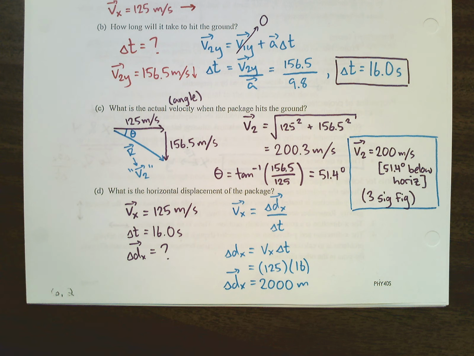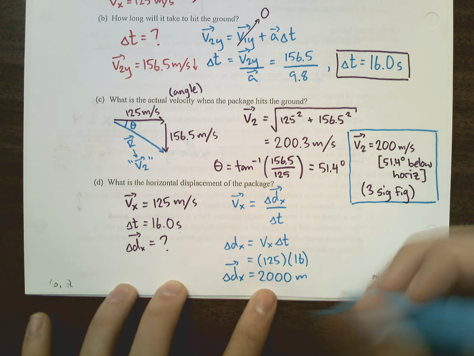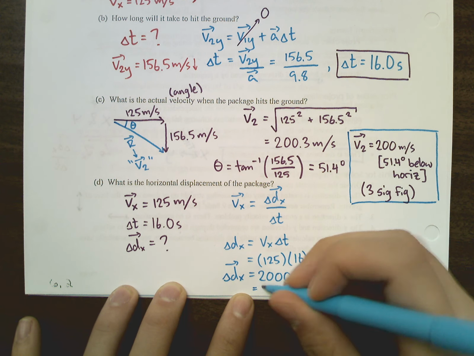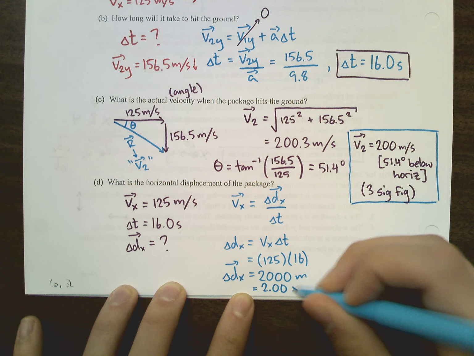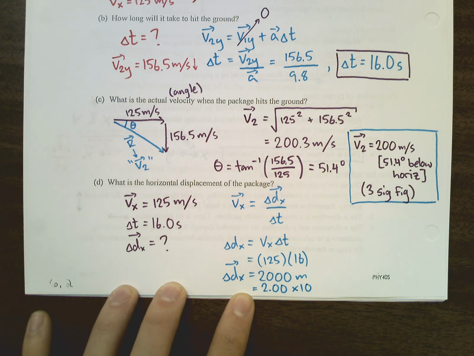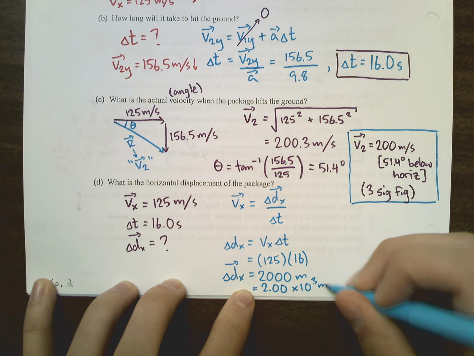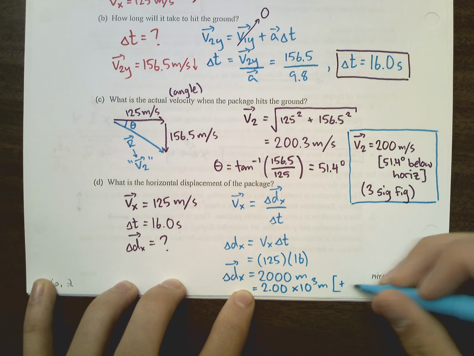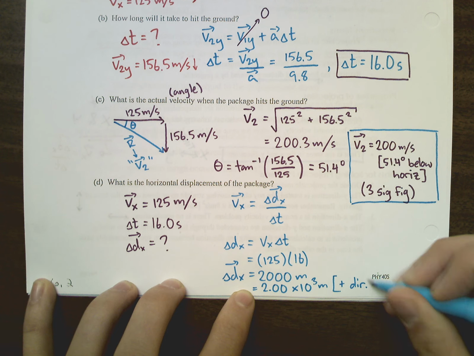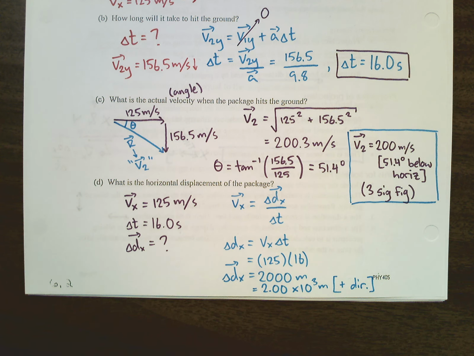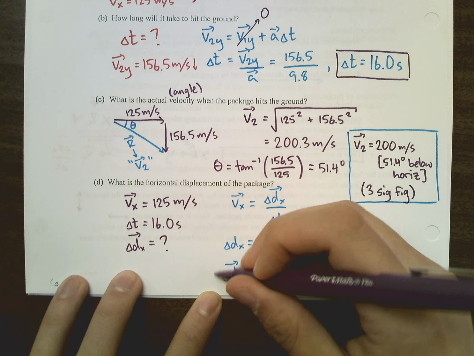And if I want to write that with the proper sig figs, we can convert it to scientific notation, 2.00 times 10 to the 3 meters, and we'll say in the positive direction. I'm running out of room. It's the positive direction. So there is our final answer.